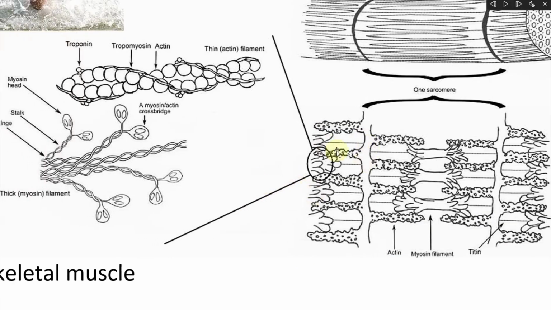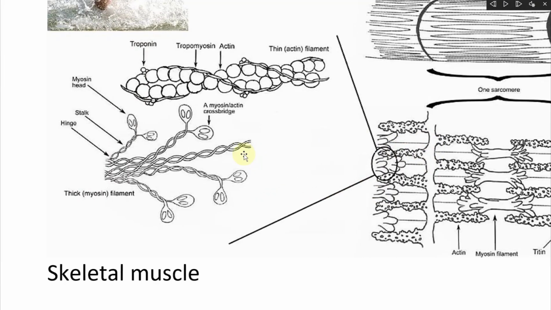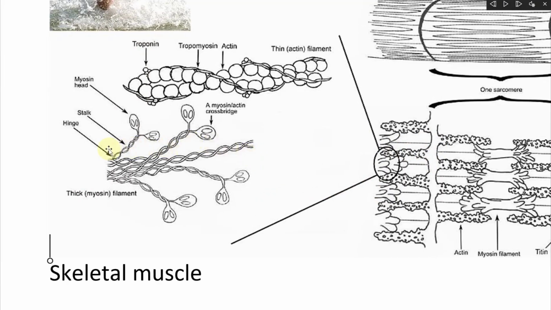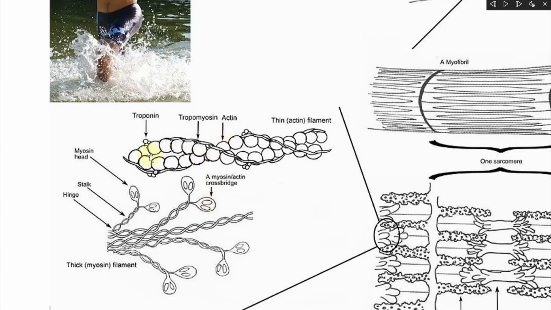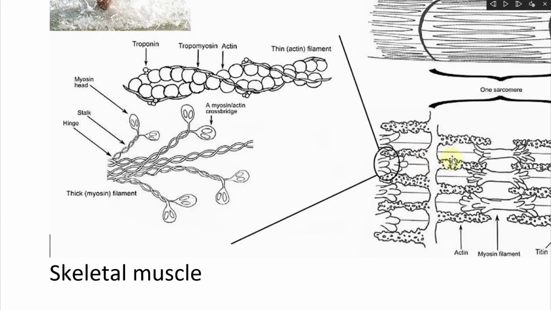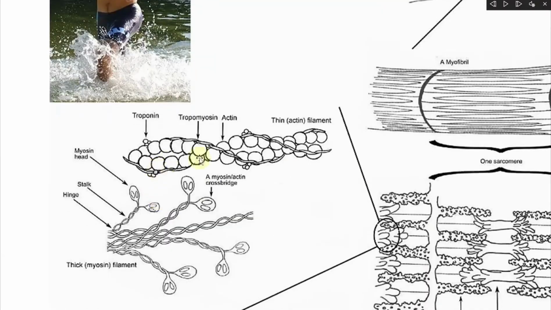Now, if you keep zooming into this part right here, you're going to get a lot of interesting stuff. You get the thick myosin filament over here. Then you have the hinge, stalk, and myosin head. And then this is a myosin-actin cross bridge. When you zoom this part out, you get this, and in between you get this part.